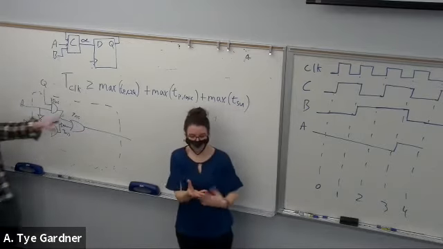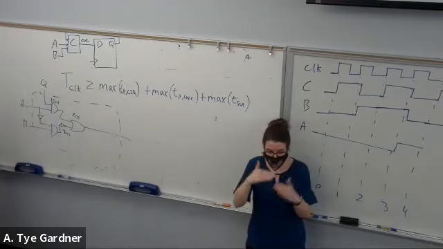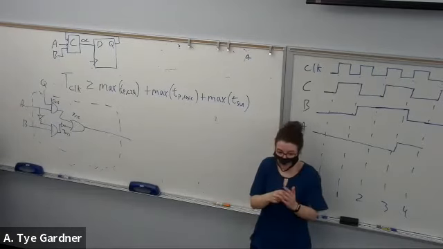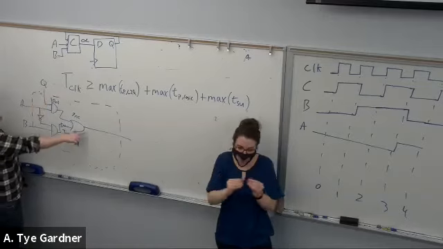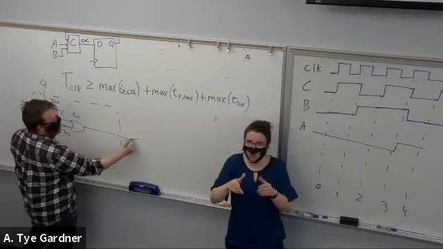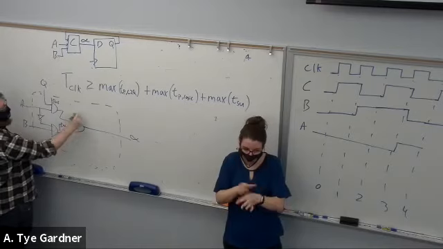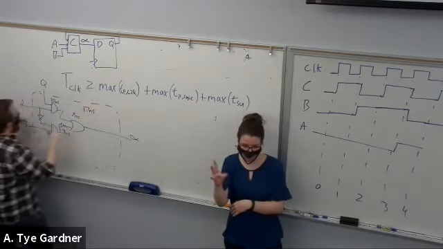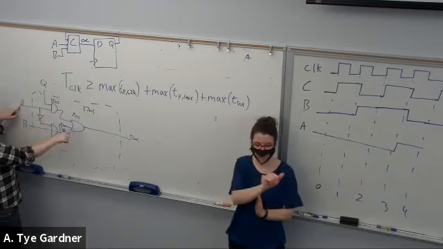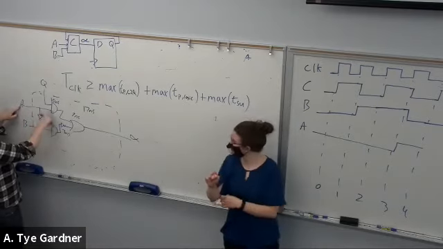Well, what this TP logic max means is I need to find the longest delay. One path, if I just call this alpha, as I did before, Q to alpha is 17 nanoseconds. A to alpha is also 17 nanoseconds through this AND gate.